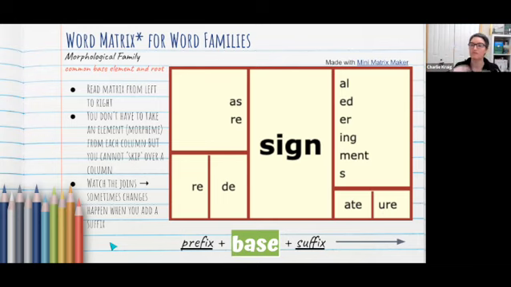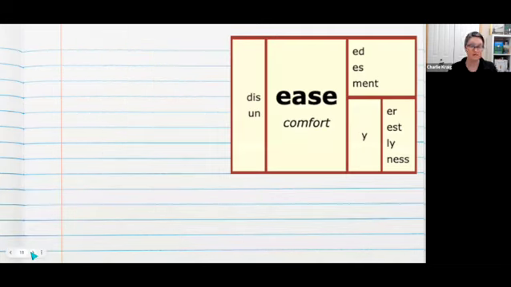And so we can have rules that 50% of the words don't fit into. It's just another way to think about how we talk about spelling with our students so that they understand that it can be systematically explained, that it is not random, it is not willy-nilly, it is not odd, it's explainable. That was my soapbox.